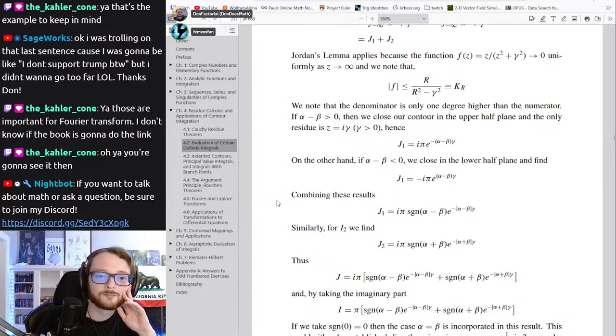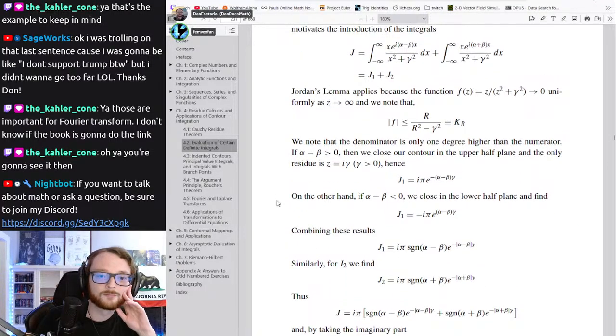Depending on which one's bigger, alpha or beta, you're either in an upper semicircle or a lower semicircle.